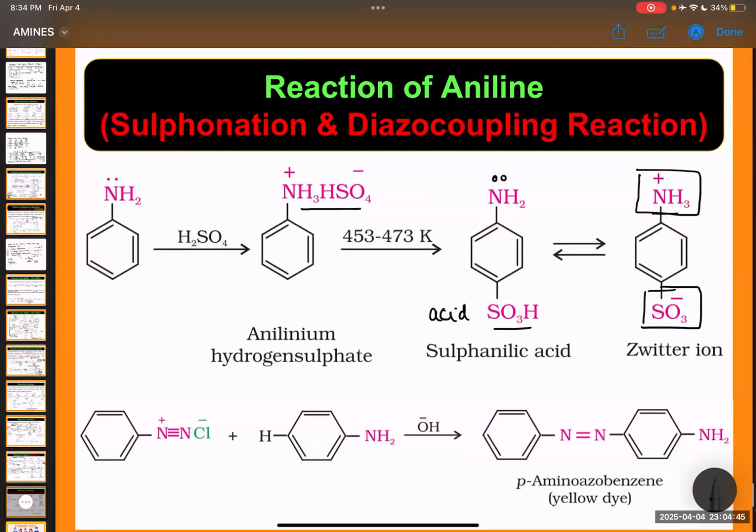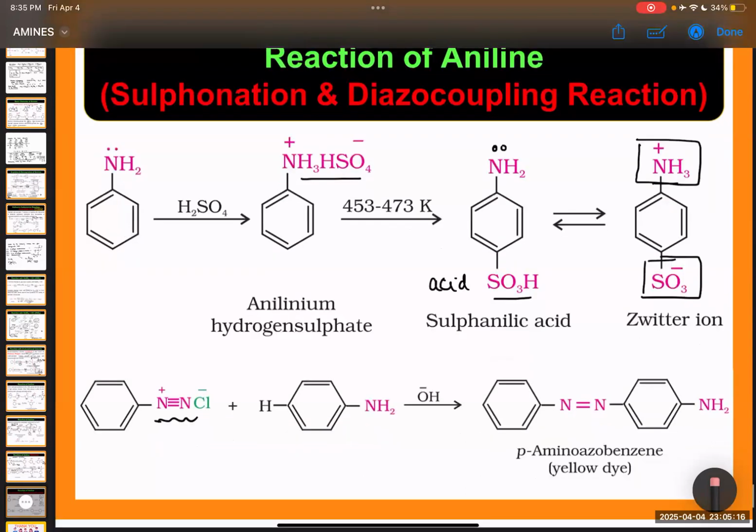Now aniline can be combined with the diazonium. That is known as what kind of reaction? Diazocoupling reaction. So this diazonium you already prepared, that also is prepared from aniline only, but if you react it back with aniline, this diazonium will get attached to the para position of the aniline.